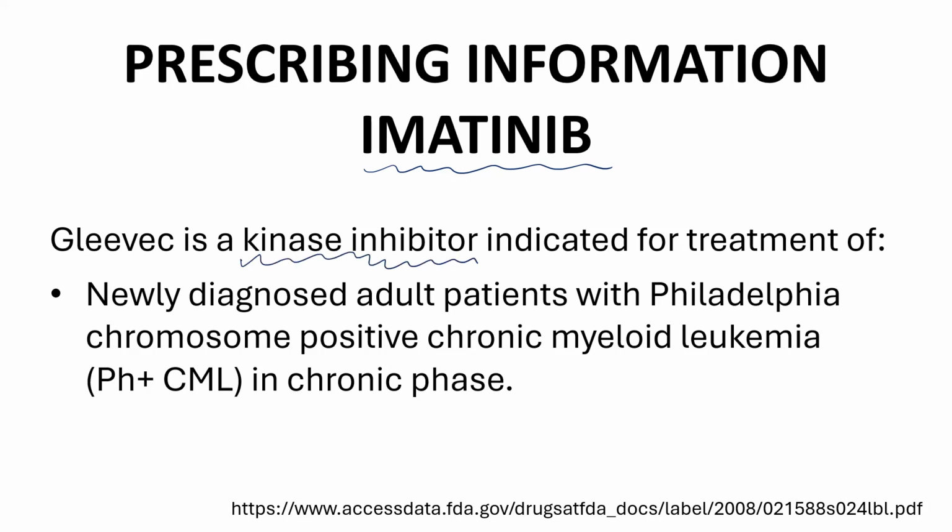The target of imatinib is a kinase, an enzyme, and imatinib inhibits the target. Kinase inhibition is the mechanism of action. Leukemia, or a form of leukemia, is the disease treated by imatinib. This is imatinib's indication.